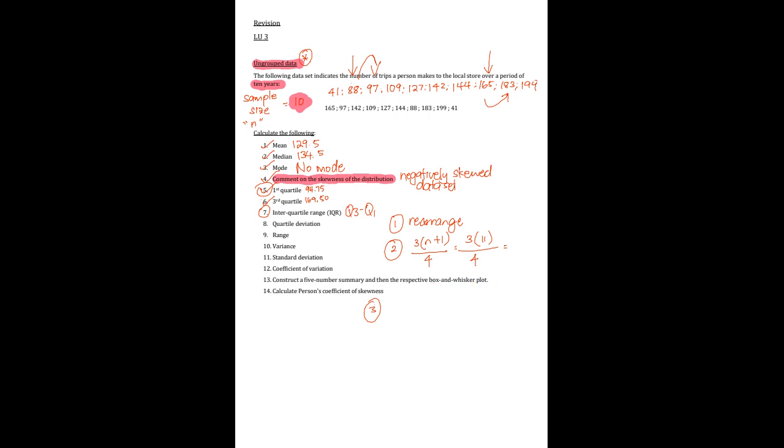Okay, so here your interquartile range is Q3, which is 169.5, minus Q1, which we just calculated was 94.75, and that gives you a value of 74.75.